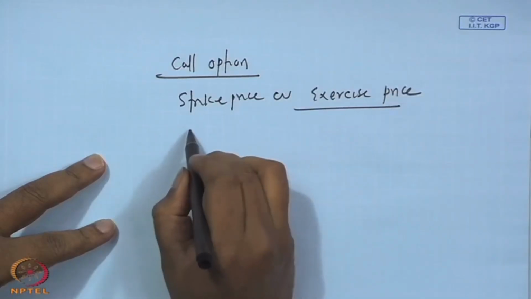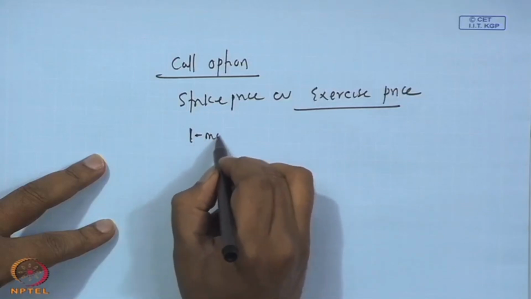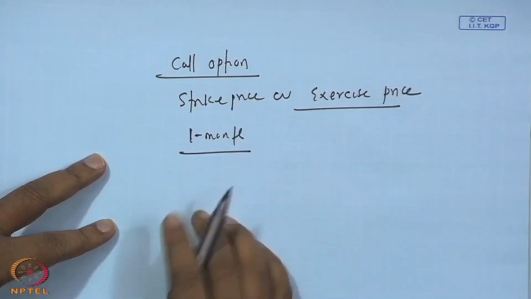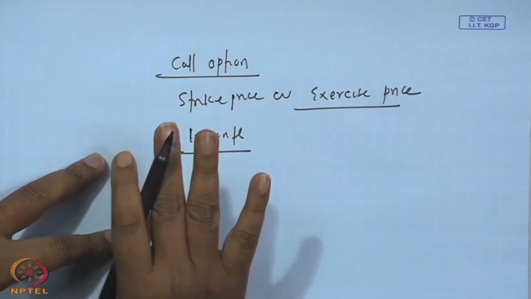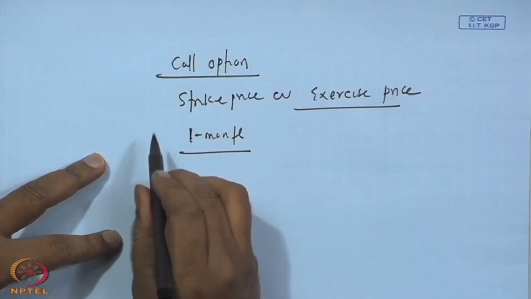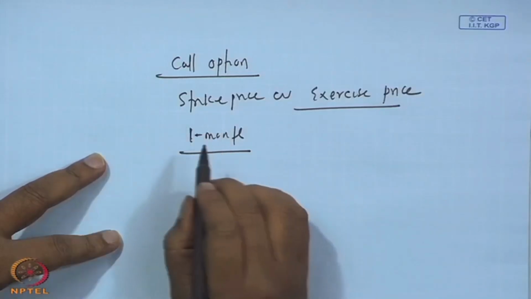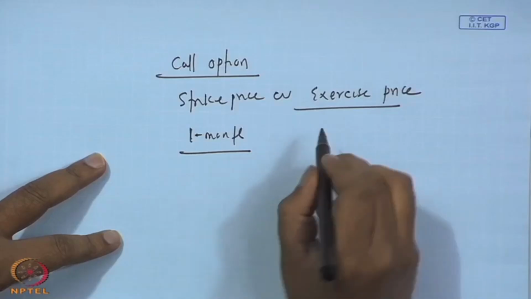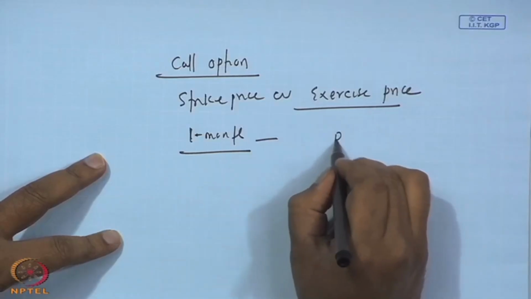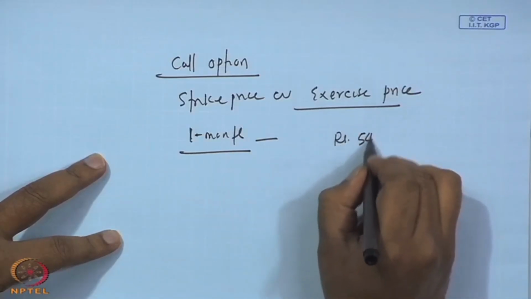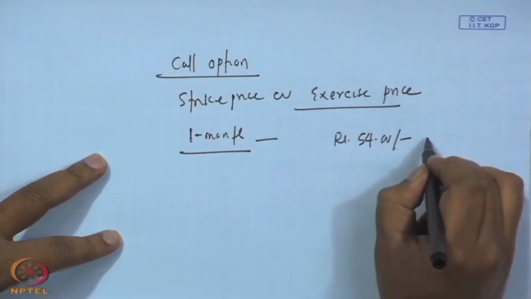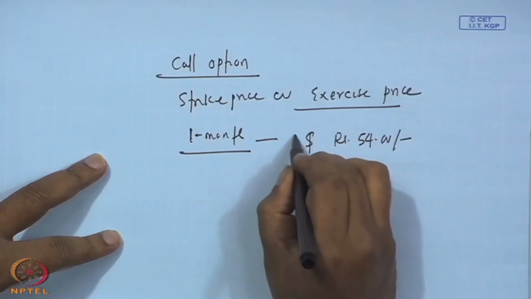So, suppose you want to purchase US dollars after 1 month. You purchase a call option, you sign a call option contract with the call option seller. Suppose the strike price is 54 rupees per dollar.